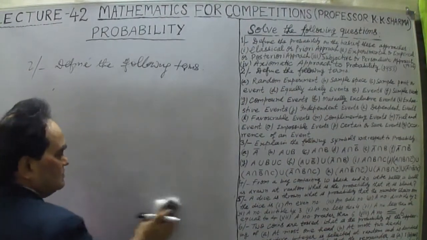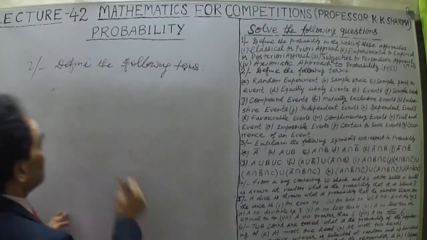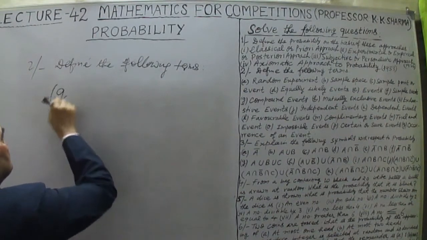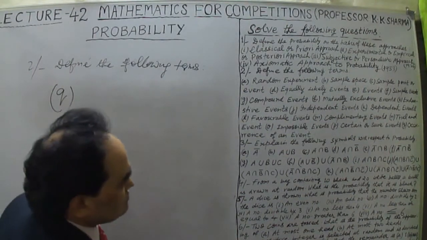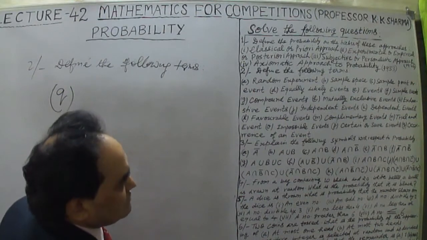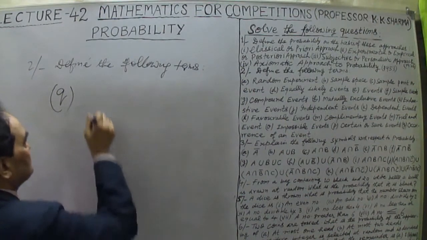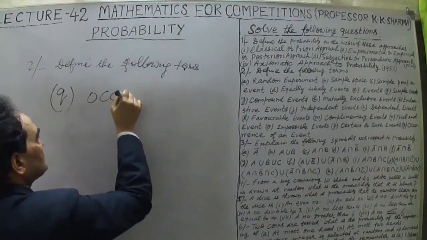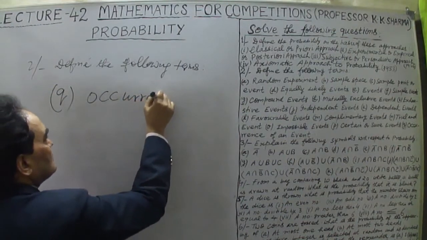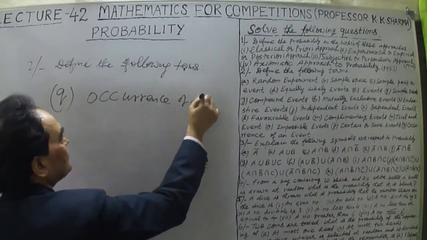The last is the qth part of this. What is the qth part? Question number 2, the qth part is occurrence of an event. What is occurrence of an event?